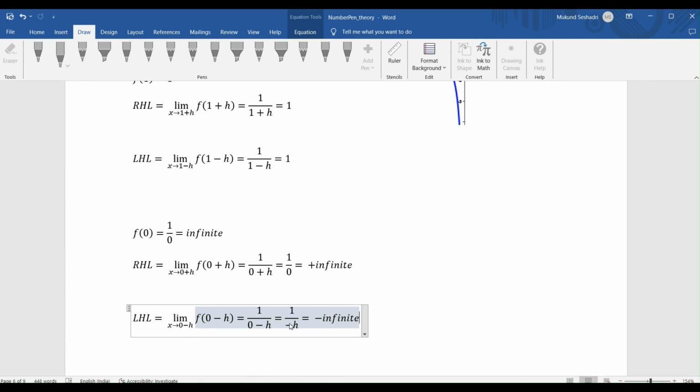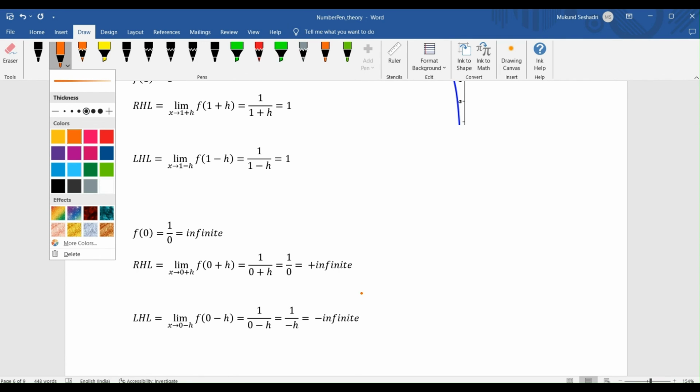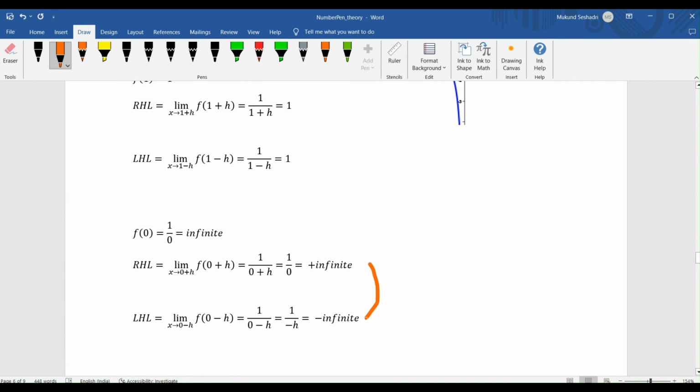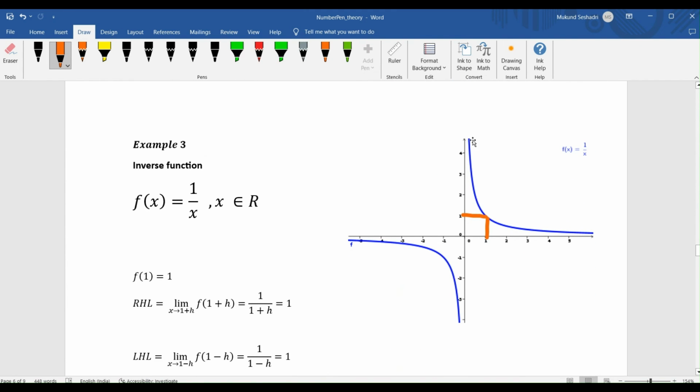And for a value which is very close to 0 but slightly greater than 0, this function takes positive infinity, right? So which means my LHL, which is my left hand limit, and my RHL, which is my right hand limit, are not equal. So one is tending to positive infinity, the other is tending to negative infinity, which is what you see in this graph here, right?